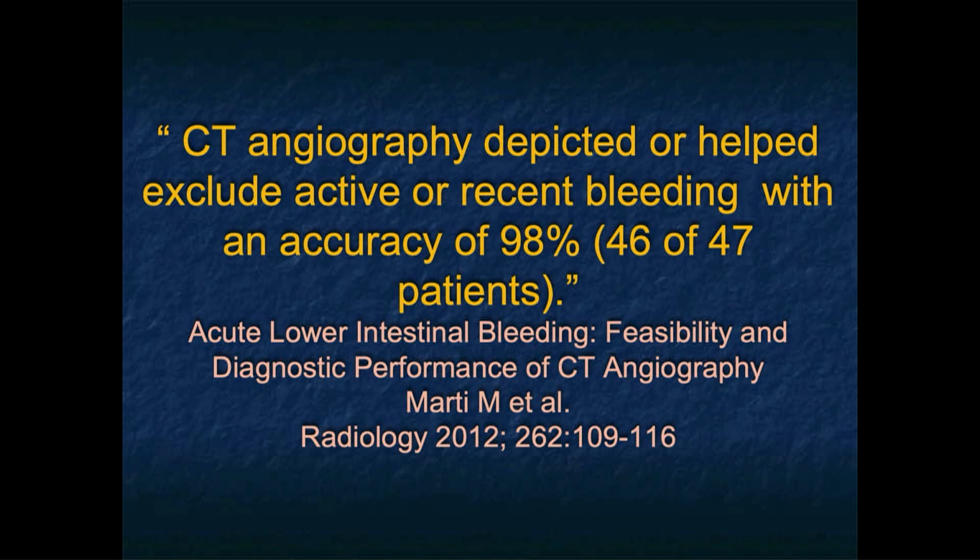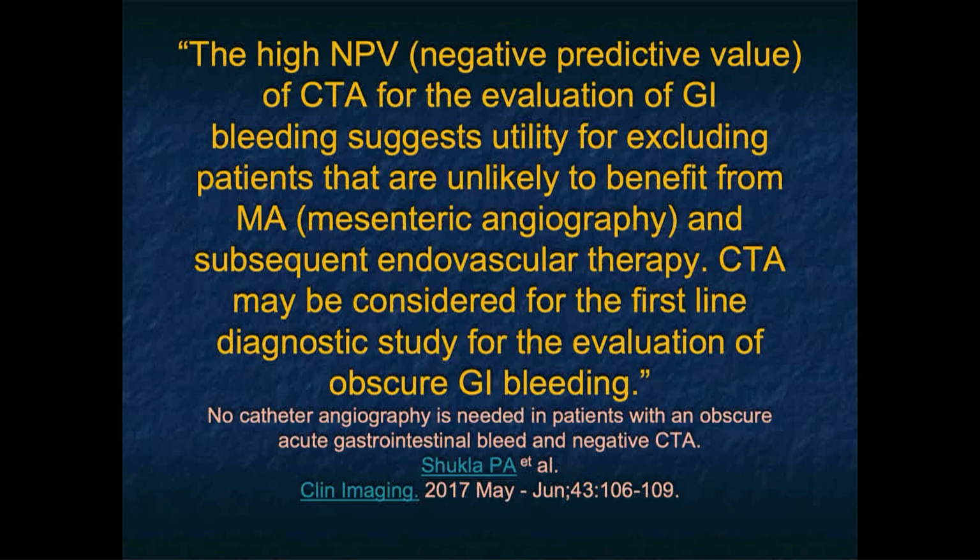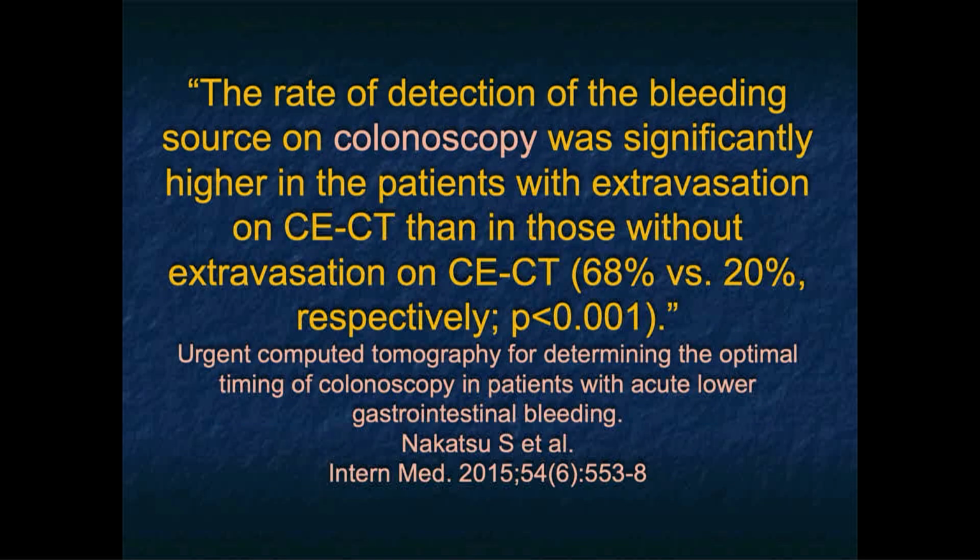I think CTA is the first line for the evaluation of obscure GI bleeding. Even in patients where endoscopists want to do colonoscopy, it pays to do CTA first. If CTA is positive, then the chance of endoscopy being positive as well increases by threefold.